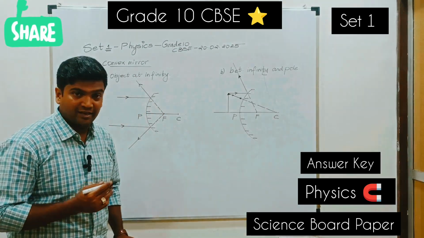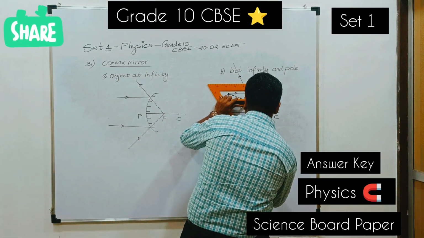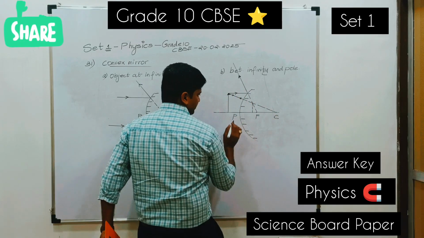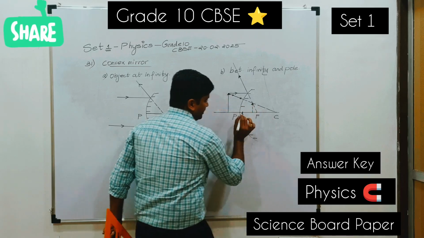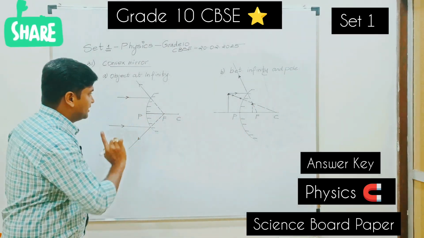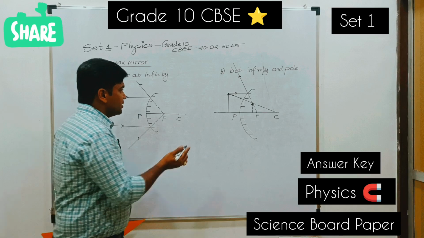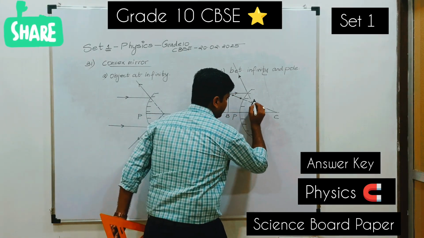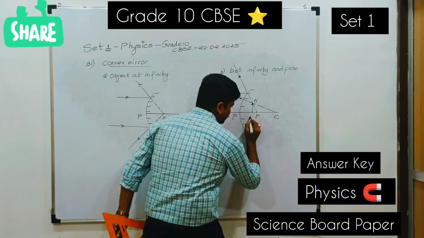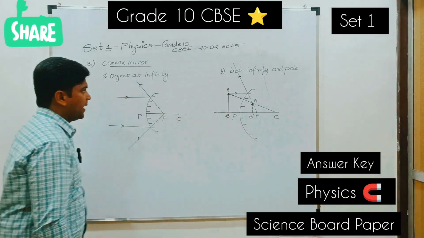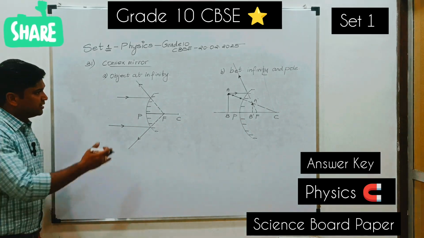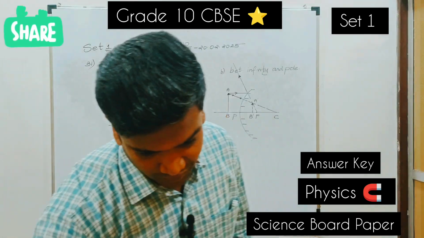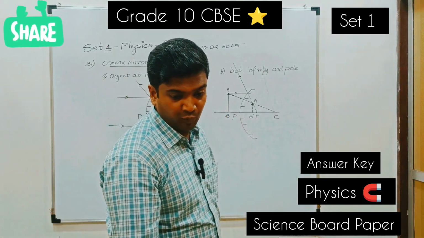The intersection point gives me the image, so I'll keep the scale properly and I got the image. Since it's a virtual image, I have drawn it with a dotted line. I forgot to name the object. I name the object AB, and its image is A dash B dash. To draw these two figures, you get 3 marks. How lucky you people can be. So this was question number 31.